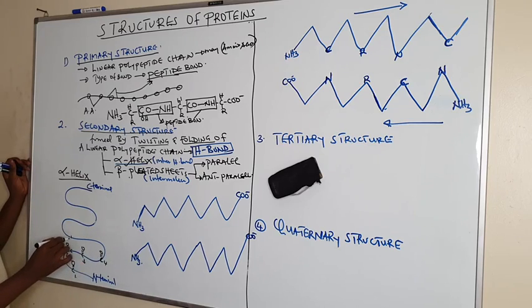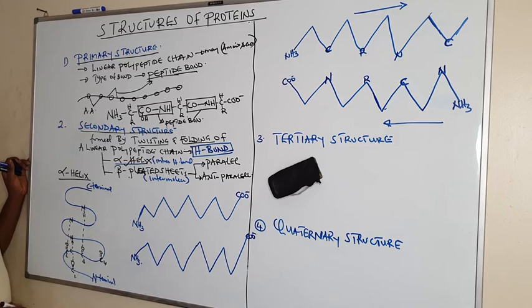This one is going to interact with the fifth amine group, the hydrogen on the amine group, to form what we call the hydrogen bond. So this one, which is in the second position, also interacts with another amine group to form a hydrogen bond, and this one can interact with another amine group here to form a hydrogen bond.